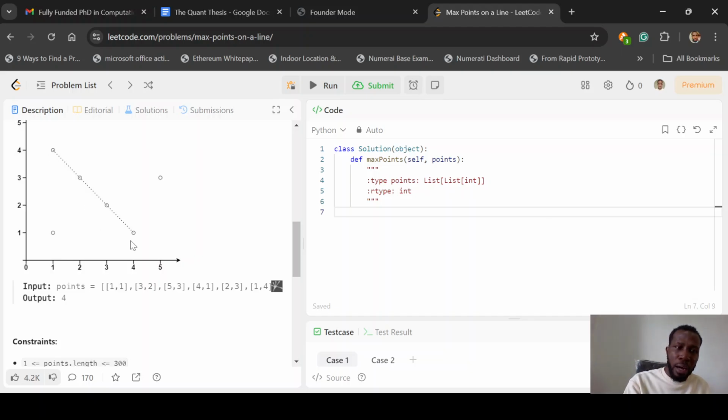But we need to also count this particular point. So it's going to be 3 plus 1 to give us 4. So for every maximum points count, at least one of them must be a point. There must be one point which is the reference point. Then we are going to count the other ones with it.